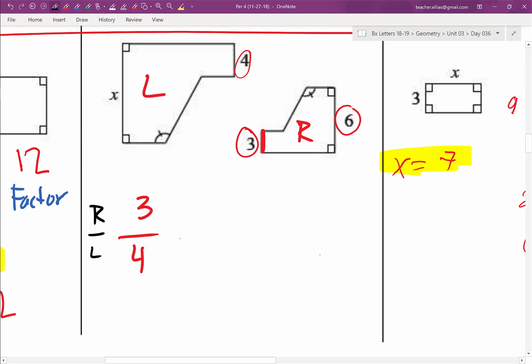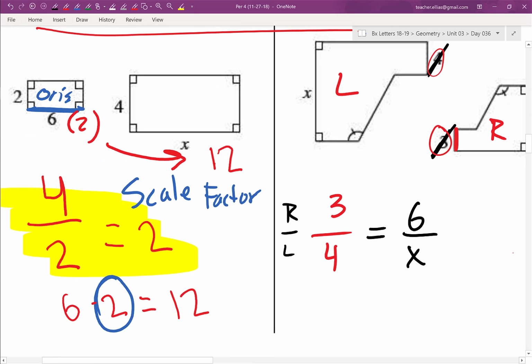Well, what's the other ratio supposed to be? If he uses 3 and 4, he's doing right. So what's the other thing from the right? And then what do you know about these ratios? They have to be the same, because that's what a scale factor is.